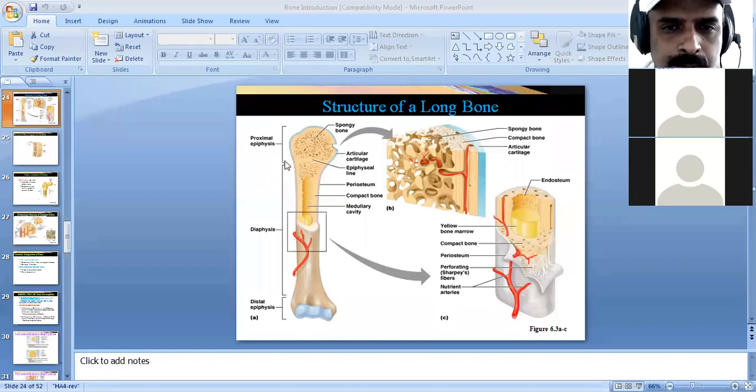The epiphysis, the tips and ends of the long bone, is ossified by the secondary centers of ossification.